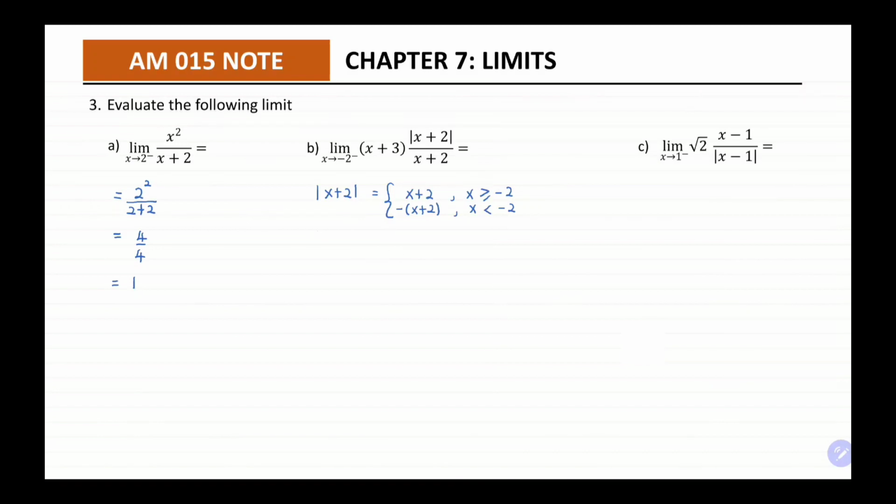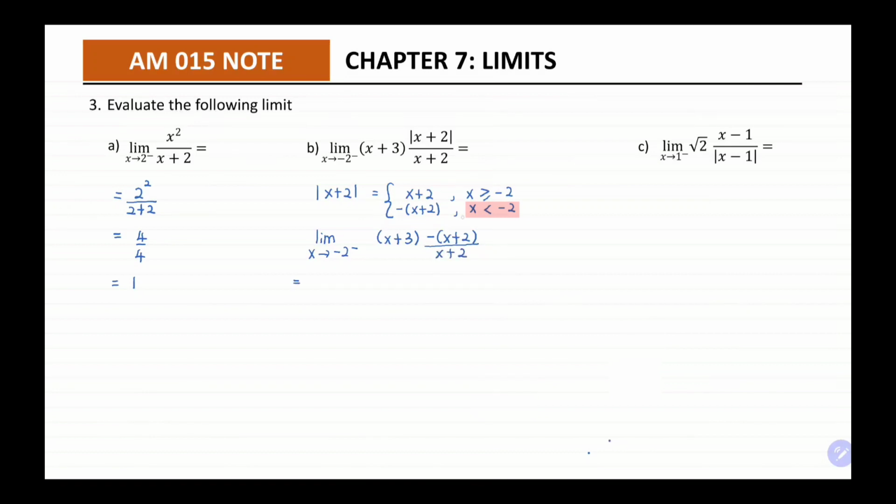Okay, now we find limit x approach negative 2 from left. Okay, x plus 3. For modulus x plus 2, we take the function where x is less than negative 2, because it is negative 2 from left. So we have negative x plus 2 divided by x plus 2.